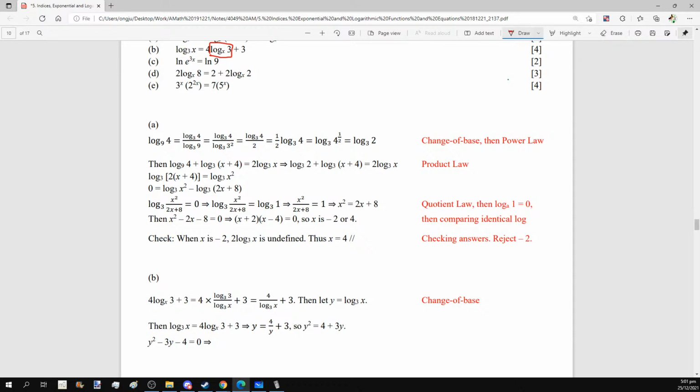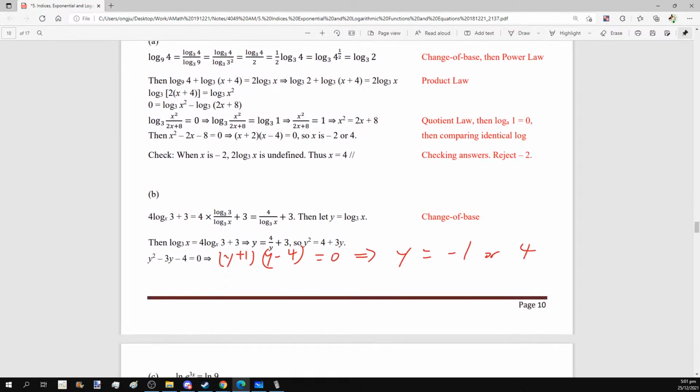Of course, once you are over here, honestly, you are already home free. It is clear to us that we can factorize the values as follows. This implies then that y equals -1 or positive 4. Once we have this, then I can go on to say that because y is equal to log_3 x, it must mean that log_3 x is equal to -1 or 4.